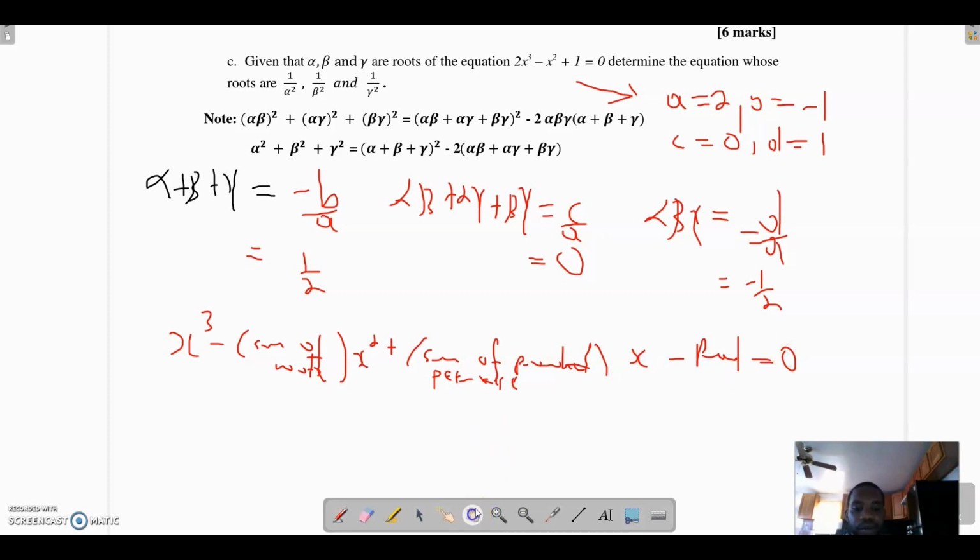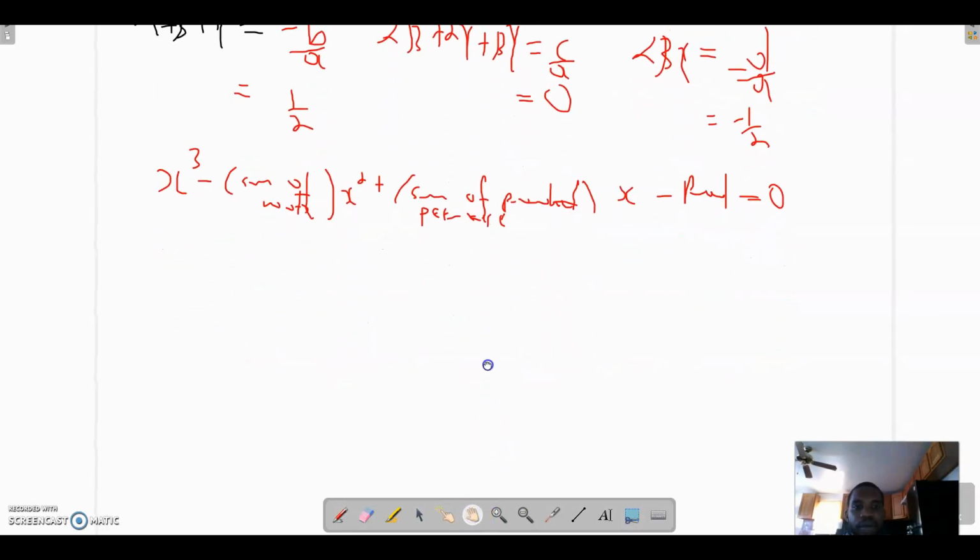That's the general form that the equation will take. So what I'm going to end up with here is x cubed minus 1 over alpha squared plus 1 over beta squared plus 1 over gamma squared. That's the sum of the roots.